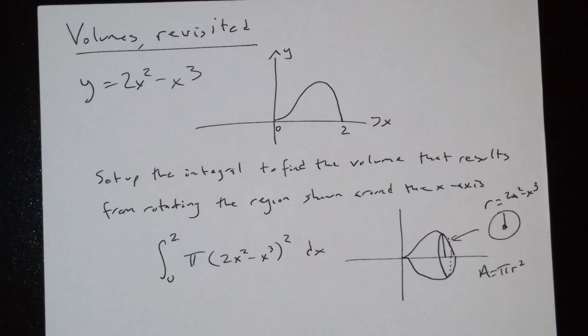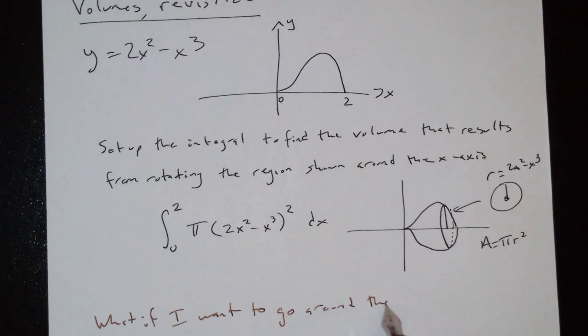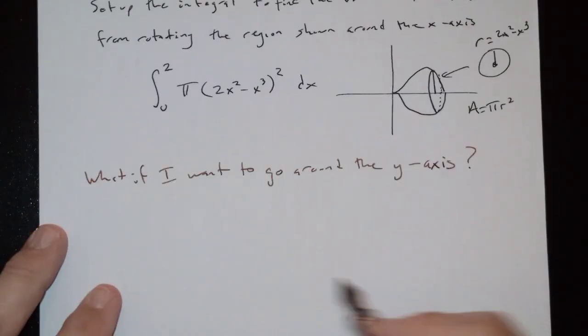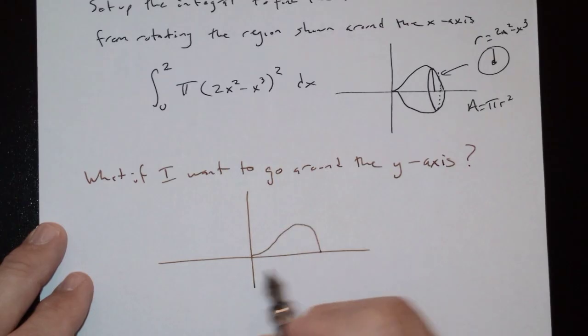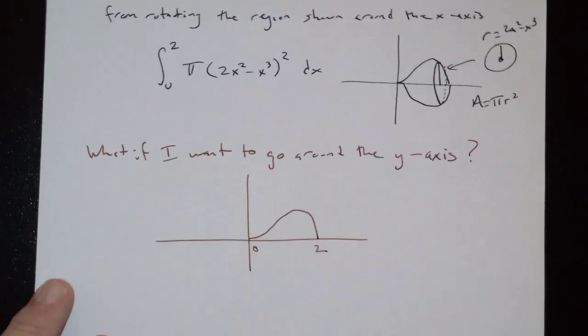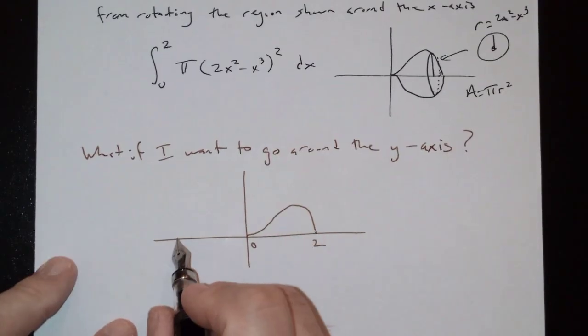Now here's a twist. I want to do the same thing, but I want to go around the y-axis. If I'm going around the y-axis, that means I'm going to flip this over to here.